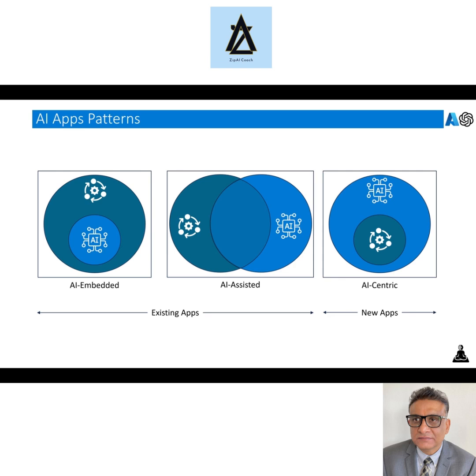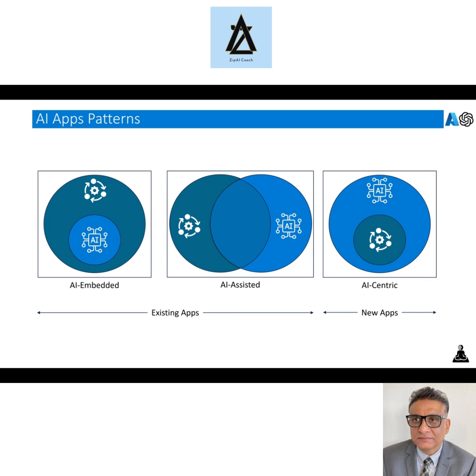Now, there are three patterns I see emerging when we are talking about incorporating machine learning or AI into applications. The first pattern is called AI embedded, where the AI capabilities are added behind the scenes.